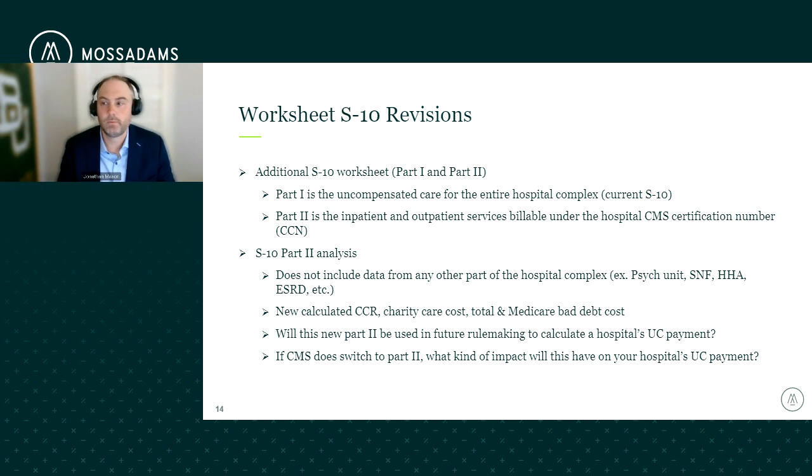So we're recommending providers review what this could do. Some hospitals may have little to no exempt charity and total bad debt, but for some hospitals it can be a significant amount, and that could really impact future UC payments down the road.